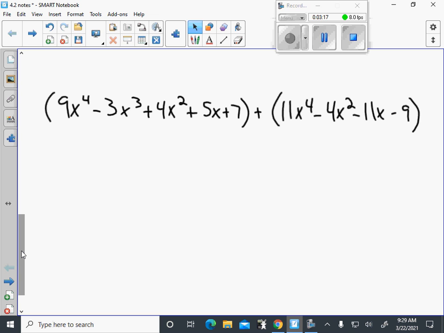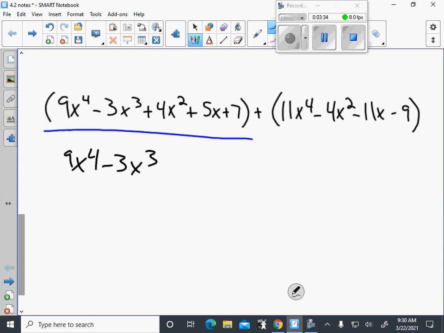Can we do anything in that parenthesis? Can we combine any like terms? No, we cannot. Okay. Well, if we can't combine anything, let's just drop the parentheses. Let's just say 9x to the fourth minus 3x to the third plus 4x squared plus 5x plus 7.